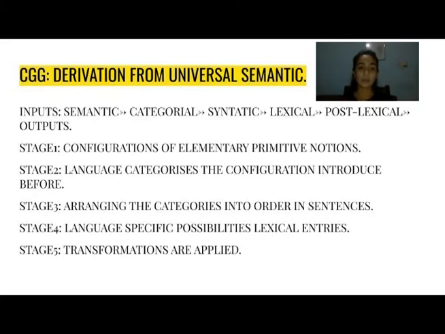And we got the last stage, number 5, and here the transformations are applied, providing outputs with inflections and word boundary markers.